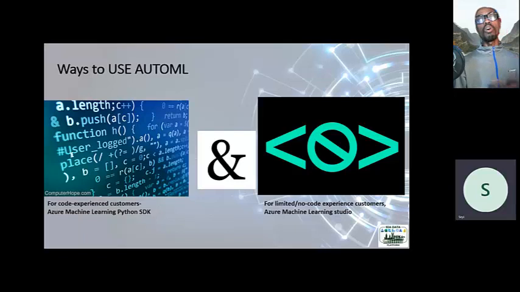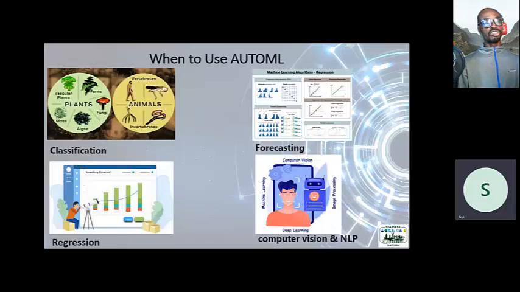Now, when we are using the automated machine learning environment, we are using it in four cardinal areas: classification, regression, forecasting, and computer vision and NLP.